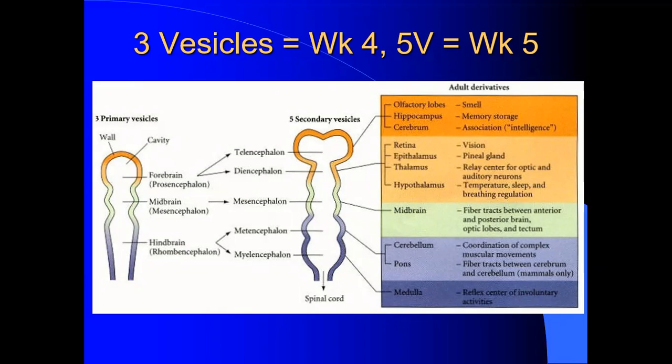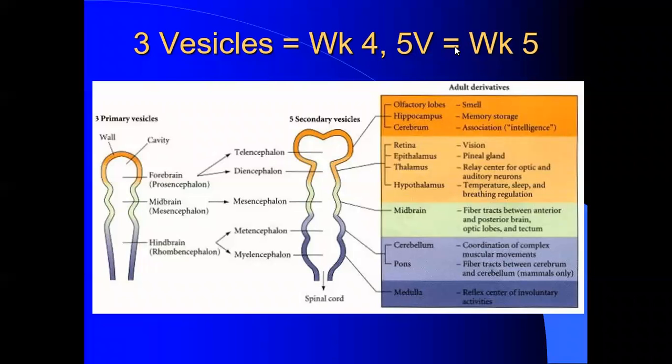I think this really points out how this notion of the tube and the wall is key in early development. In this three vesicle stage, we have the prosencephalon, or forebrain, the mesencephalon, the midbrain, and the rhombencephalon, the hindbrain.